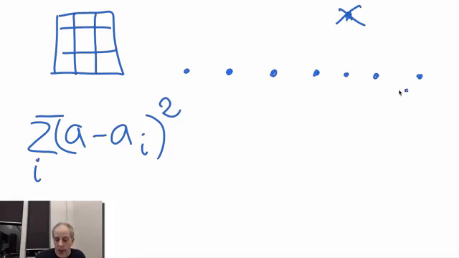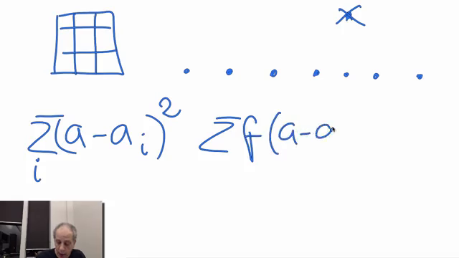Can we represent the median filtering in a form like this? A different function, maybe. Sum of certain function of A minus Ai. Can we do that? Just think for a while and tell me yes or no if you know the answer of that. So what's the answer to this question?